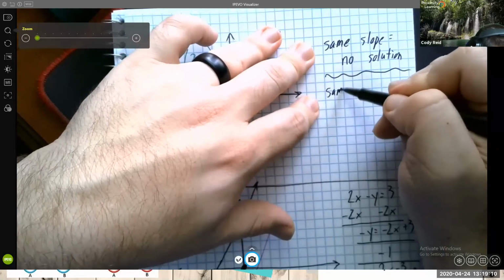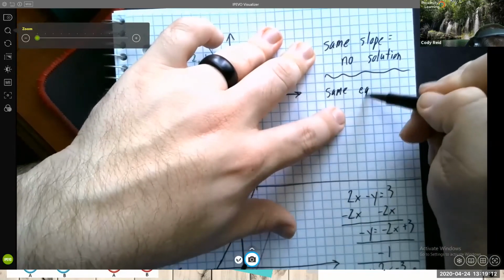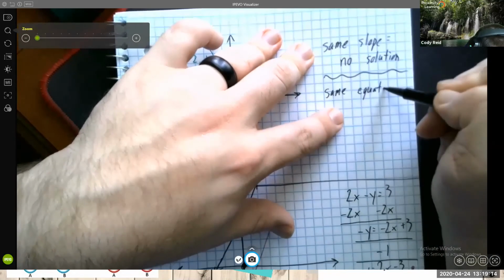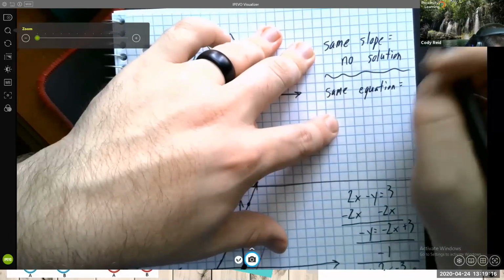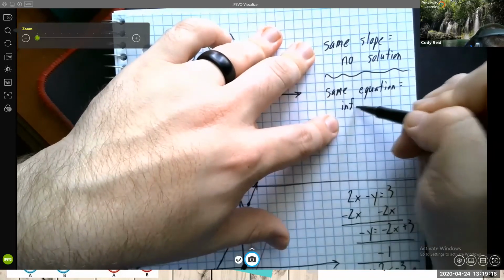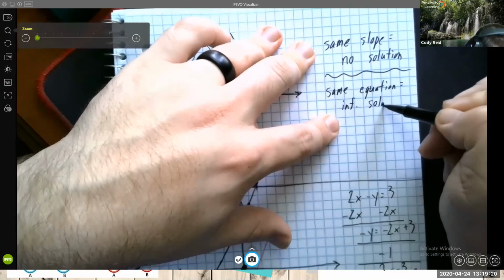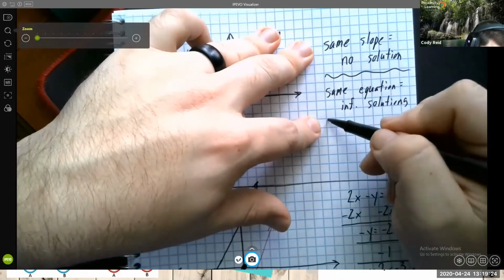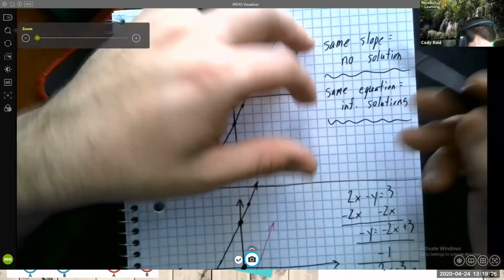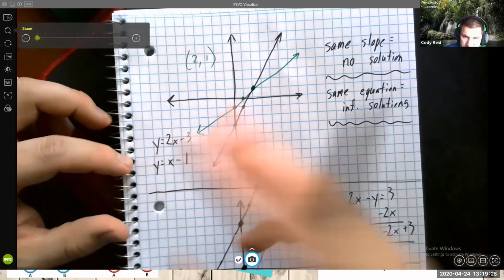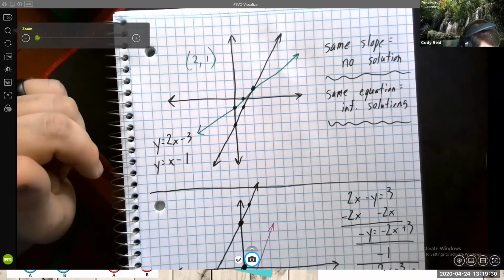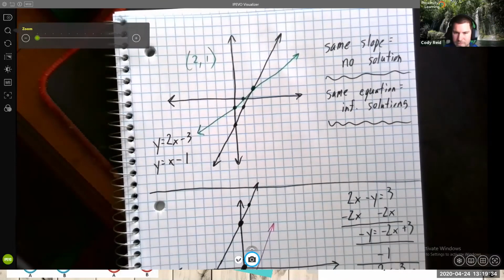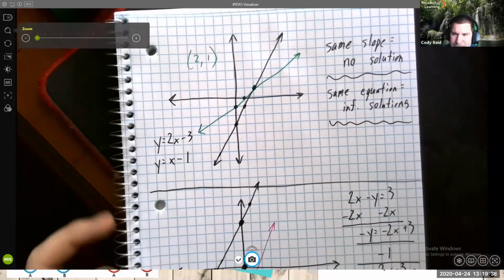Same equation, infinite solutions. And obviously, if it's 2 different equations, it'd be 1 solution. Yep.